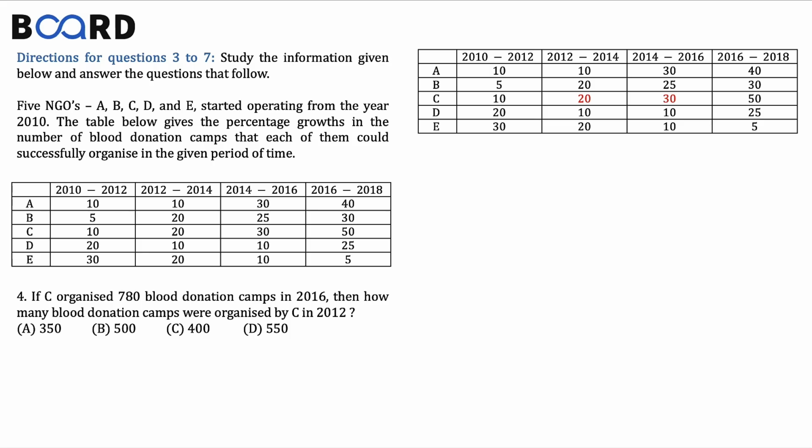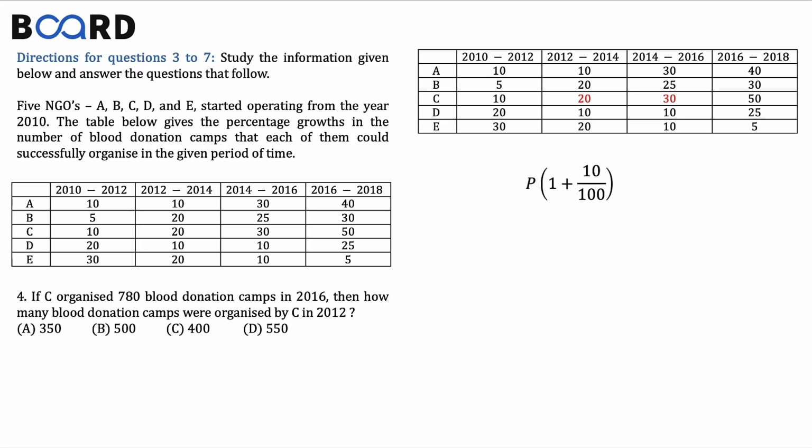I'm not interested in any other data at all. Now they said that after these two percentage increments, the value of C has become 780. So which value was it earlier on? A simple percentage problem: there's a particular value, you increase it by 20%, then you further increase it by 30%, it becomes 780. So which value did you start from? That's the question, right?